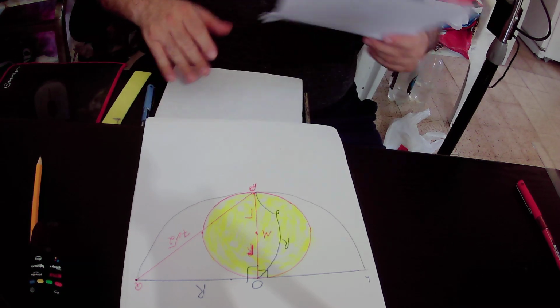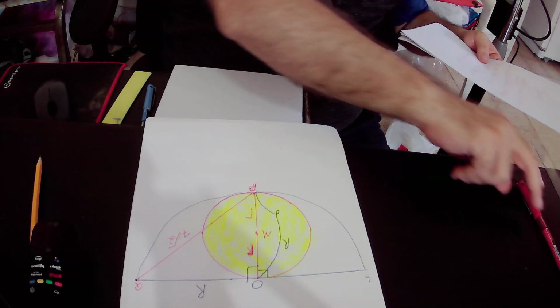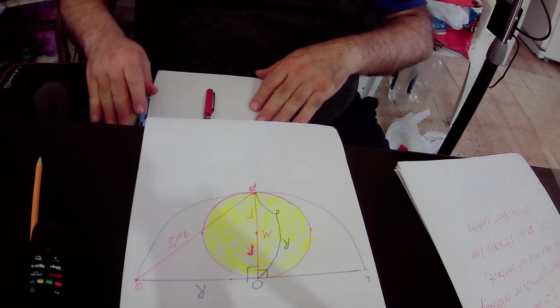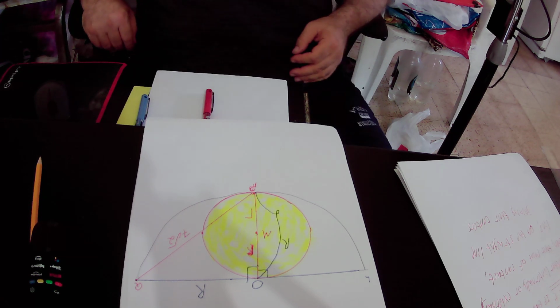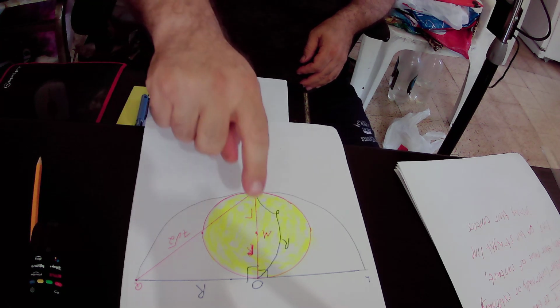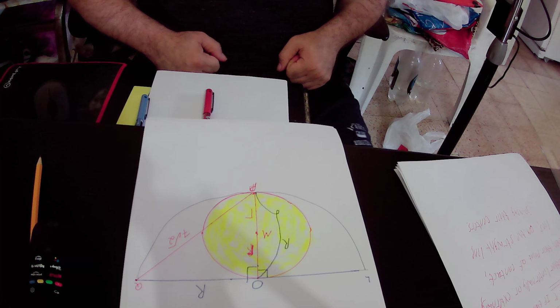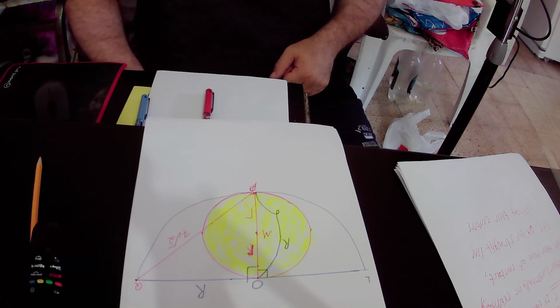Actually, we wanted to find the area of the yellow circle, and we have in the drawing a semicircle. The center of the semicircle is at point O, and inside the semicircle we have the yellow circle.